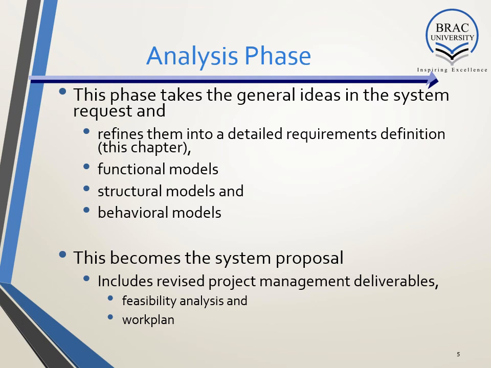Finally that becomes the system proposal. In the last chapter we discussed the system request, and here we add new and detailed requirements, make some modeling, and it becomes the system proposal.